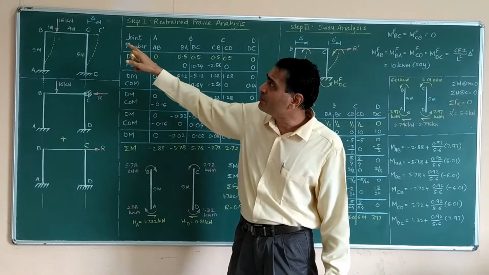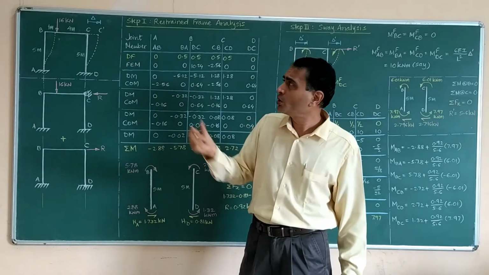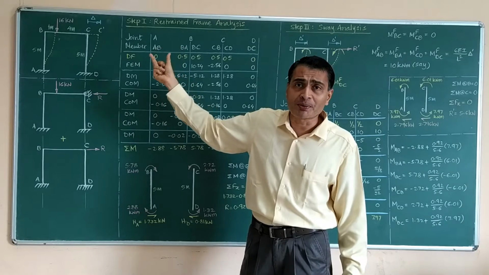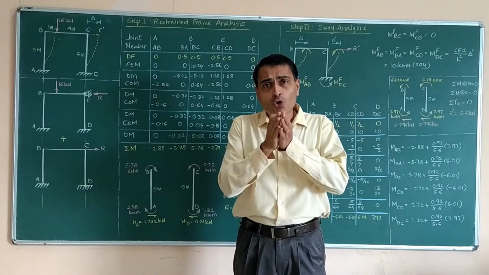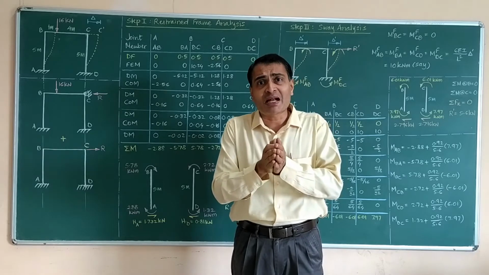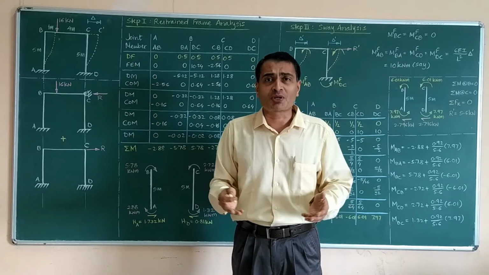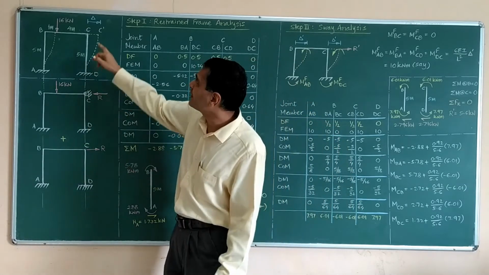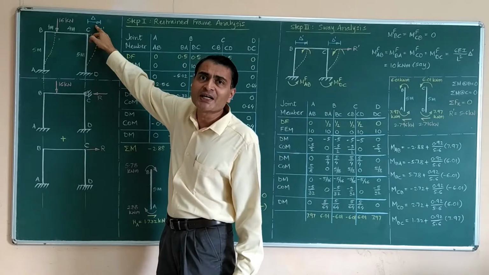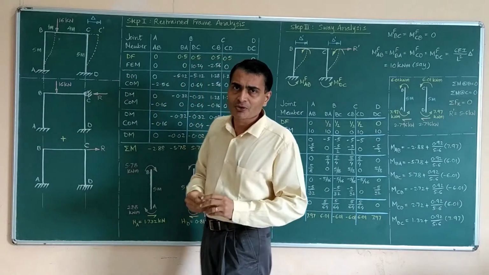On BC beam, 16 kilonewton load is acting off center, at 1 meter and 4 meters, and that is why it's a sway frame. Had the load been acting centrally at mid span, we would have analyzed this as a non-sway frame, but this is a sway frame. We are assuming that delta rightwards is the sway in the frame.